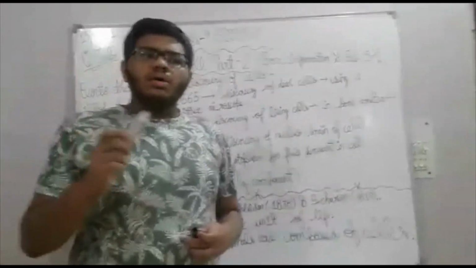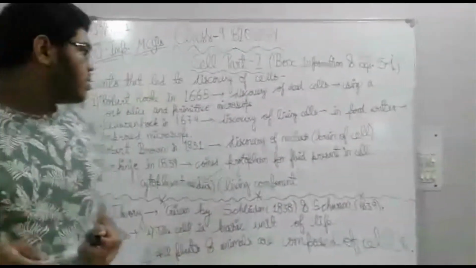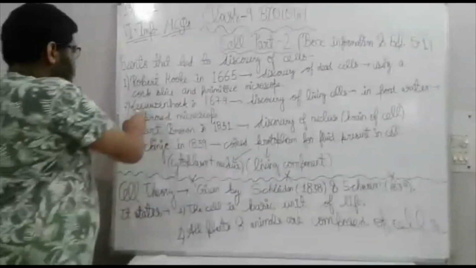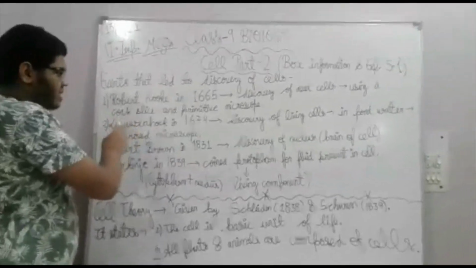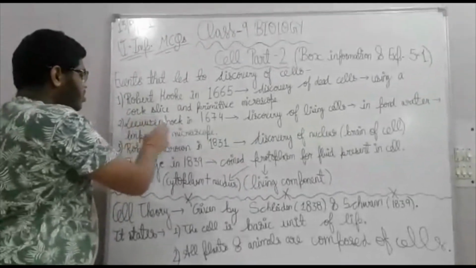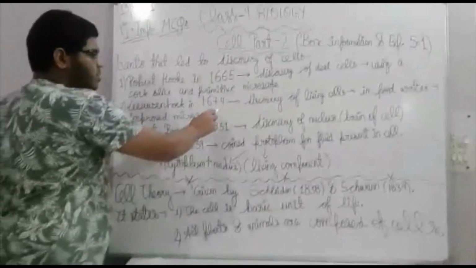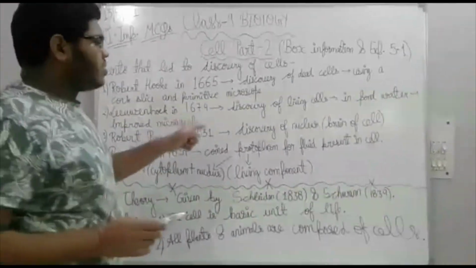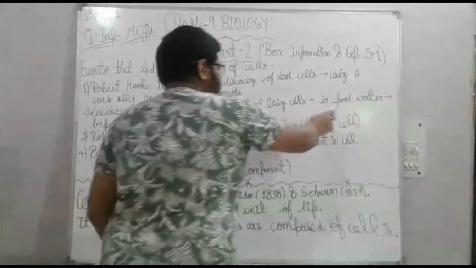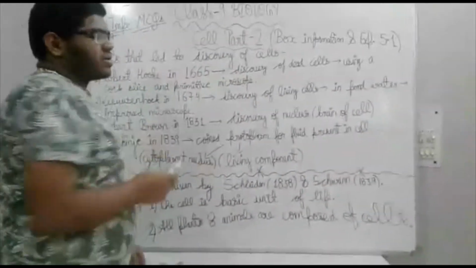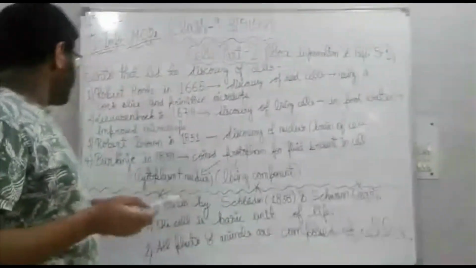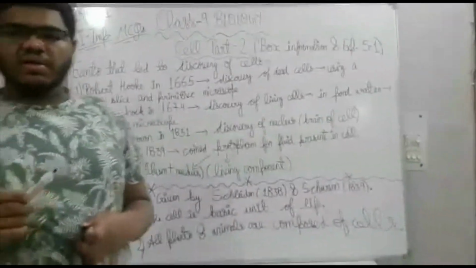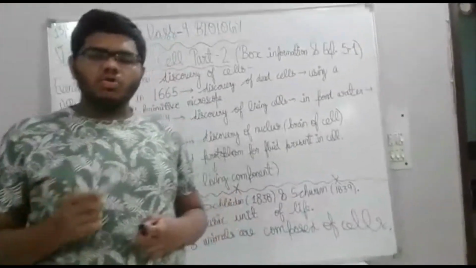But the cells should be living. So another scientist, Leeuwenhoek, remember the spelling, it's very important. Leeuwenhoek in 1674 led to the discovery of living cells using pond water, and the microscope was further improved. There can be differences between Robert Hooke and Leeuwenhoek.